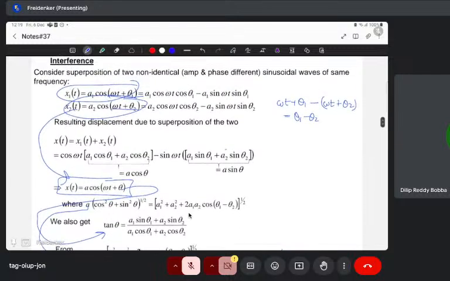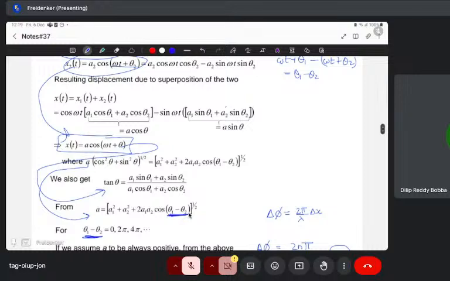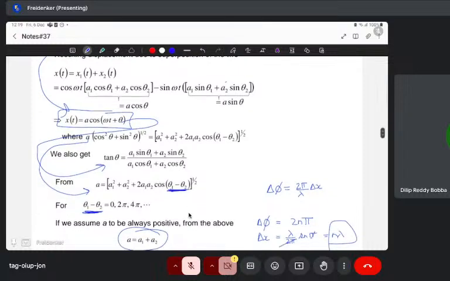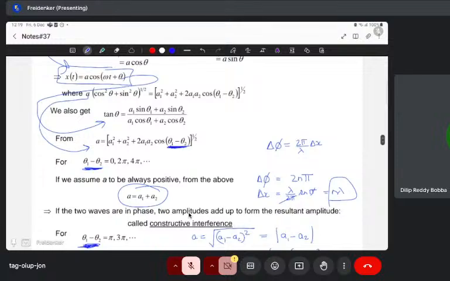So if the phase between these two waves is the same, phase difference will be zero in that sense. If phase difference is zero, then amplitude will always... We will see.